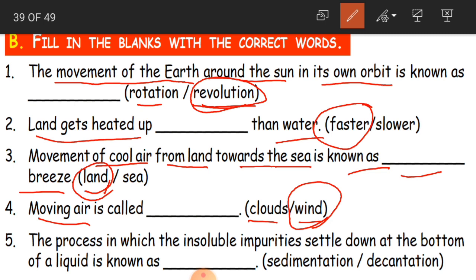Okay, children. And the fifth question is, the process in which the insoluble impurities settle down at the bottom of a liquid is known as. See here, children, the process in which the insoluble impurities, that sand type of insoluble impurities, settle down at the bottom of a liquid.